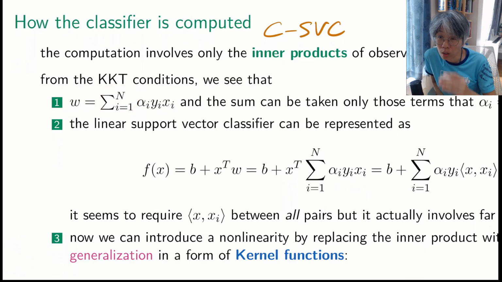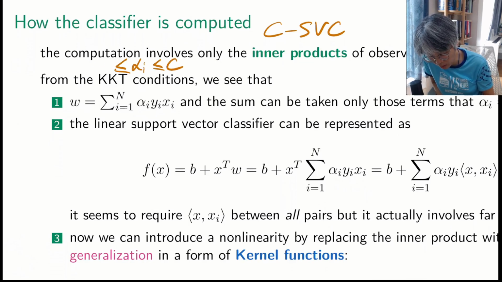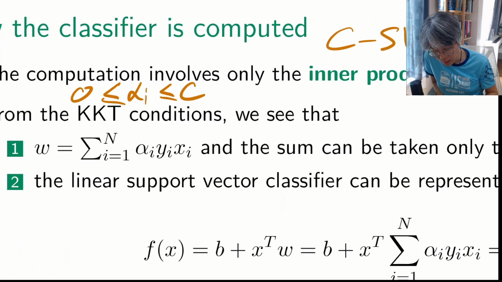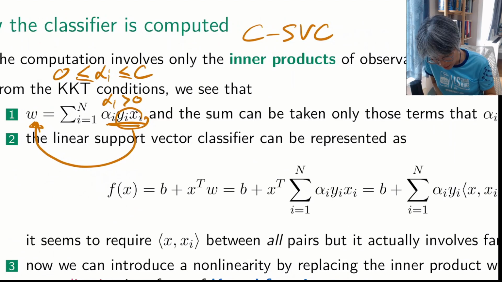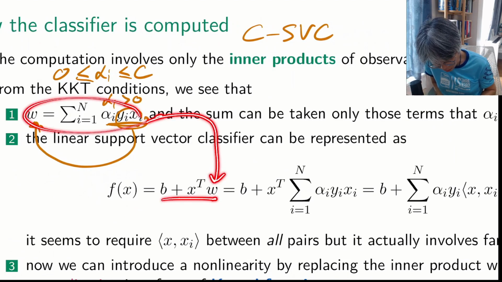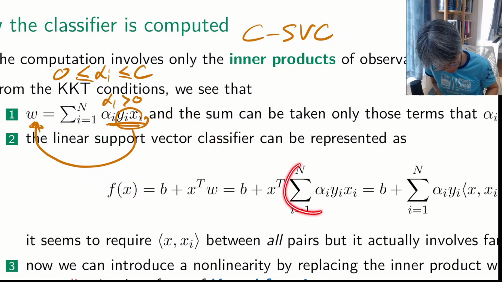The sum is taken over all data observations, but you know that in the KKT condition, your alpha_i is between 0 and C, which means that only for those alpha_i that are strictly greater than 0, only those data points, those support vectors, will have contribution in order to construct your w.